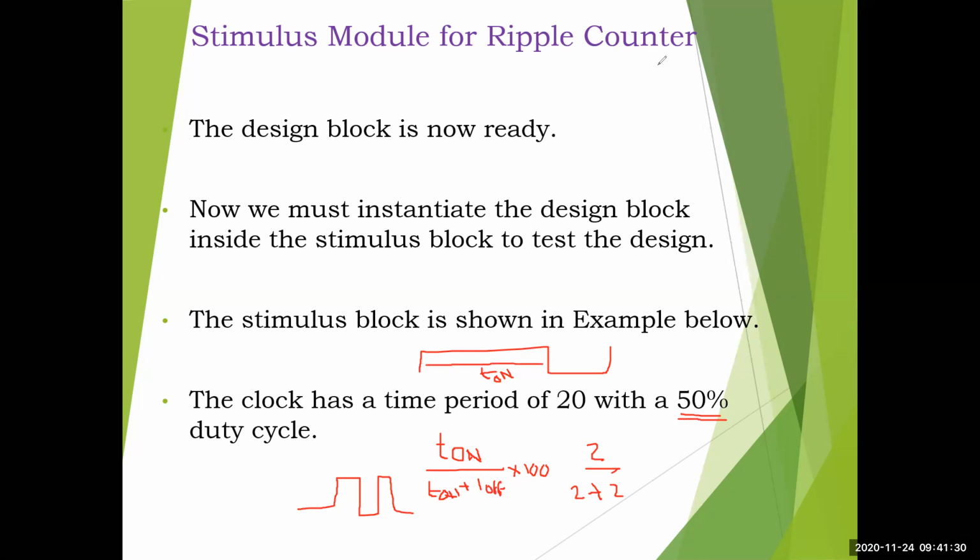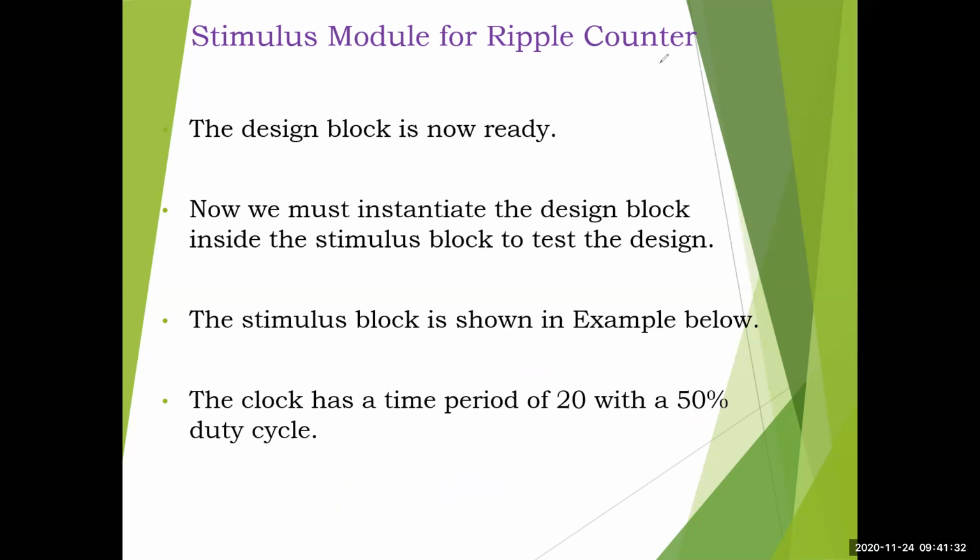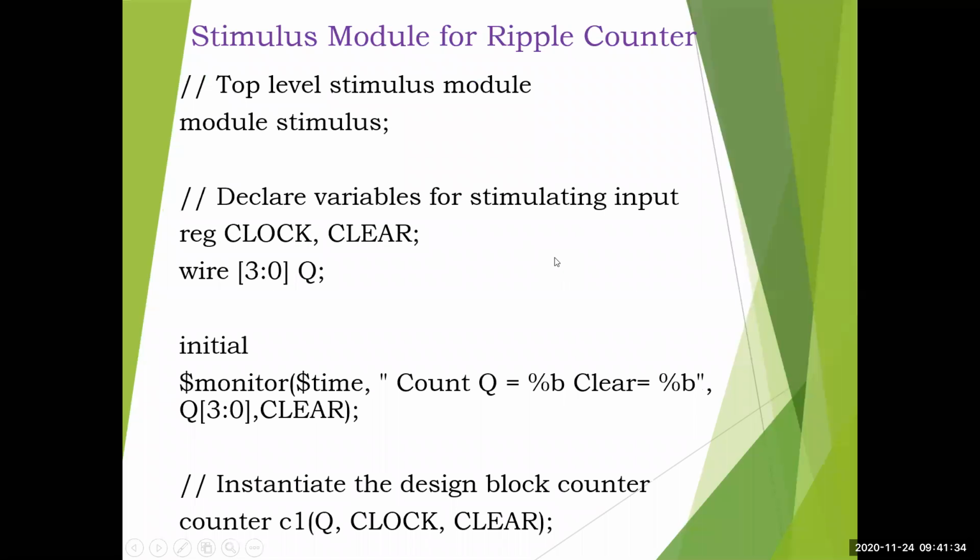So now we'll implement the stimulus module for this. Module name stimulus; it does not have any list of ports. Then the inputs we declare as reg, as in the earlier case: reg clock, clear. I have used capitals just to differentiate. Wire [3:0] q; even if you use the same names, no problem.